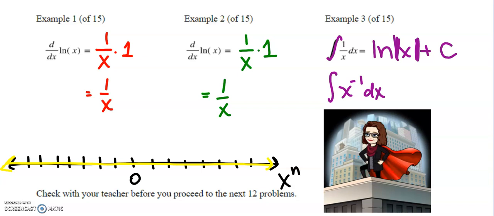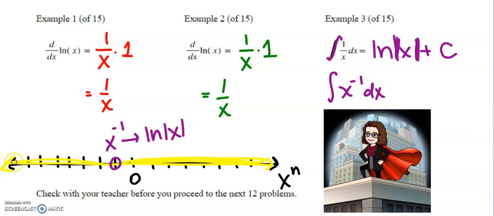Except at this one moment, when we have x to the negative first, that moves to the natural log of x for the antiderivative. So any other number on our number line, you can use the power rule if you have that n in the exponent. Except -1, it turns into the natural log of the absolute value.